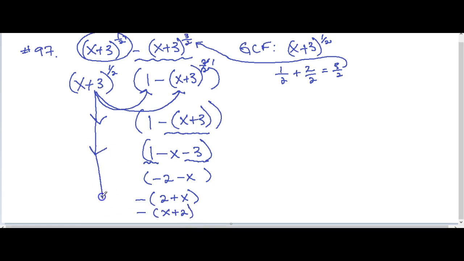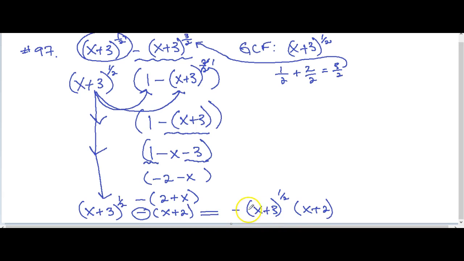And now I'll bring this all the way down, x plus 3 to the 1/2 subtract x plus 2, or I could take that negative that's right here, put it to the front, and then this is how it's written in the textbook for your answer. But I would take both of these answers if this were on the test.